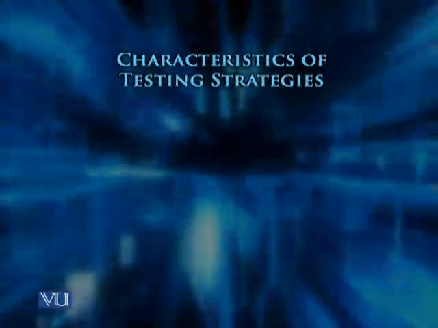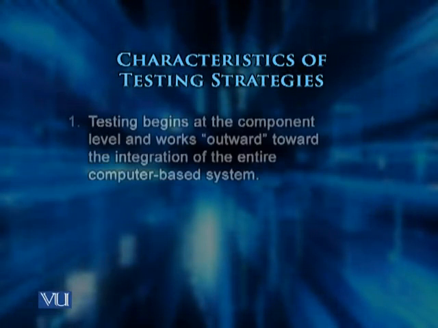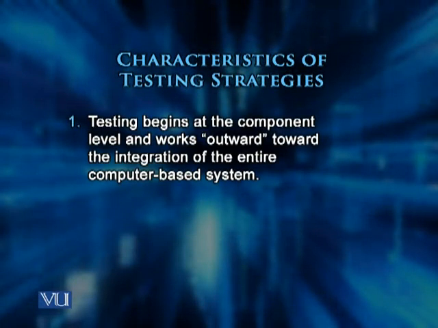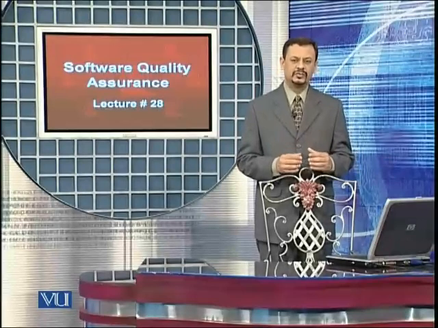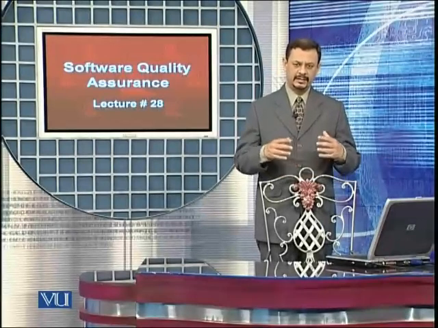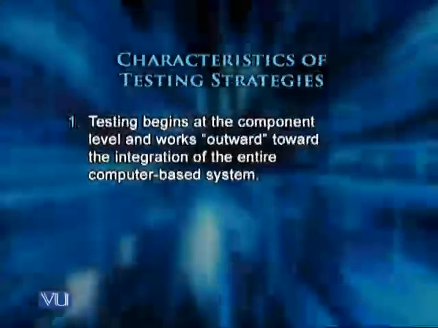The first characteristic of any software testing strategy is that testing begins at the component level and works outward for the integration of the entire computer-based system. And so in the beginning, we talked about, as one of the testing principles, that testing should start in the small and then go for what we call testing in the large.